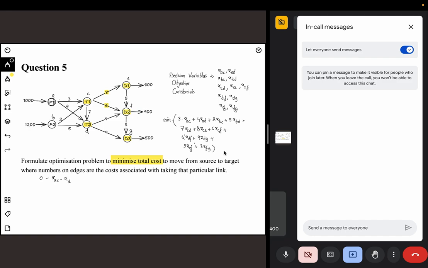These are the outgoing nodes. And this should be equal to, since it is a source node, it will be equal to minus 1. Now, if we take P2 node, that will also be similar. XBC minus, that is also a source node, so that will be minus 1. So this is for P1, this is for P2.